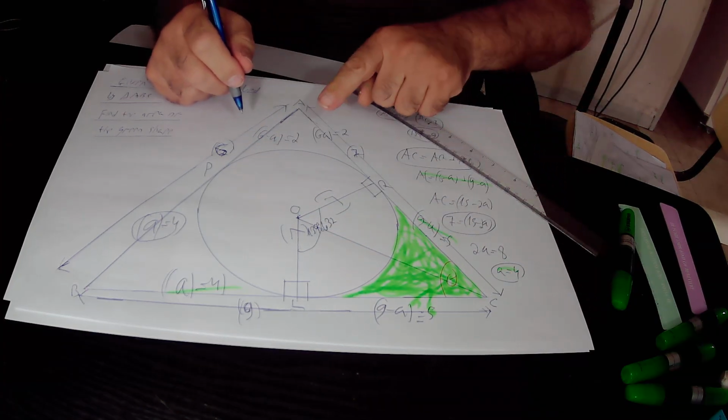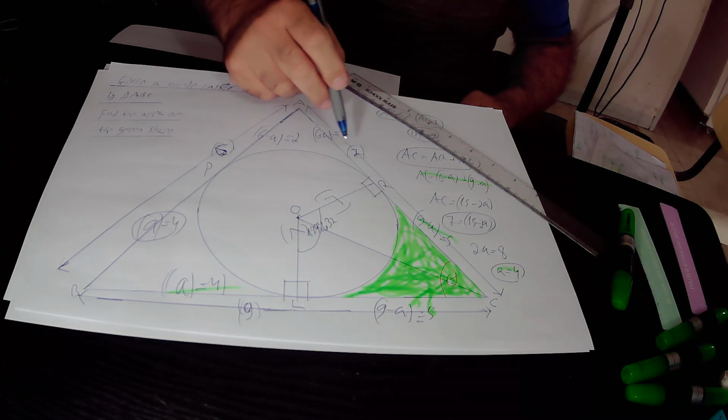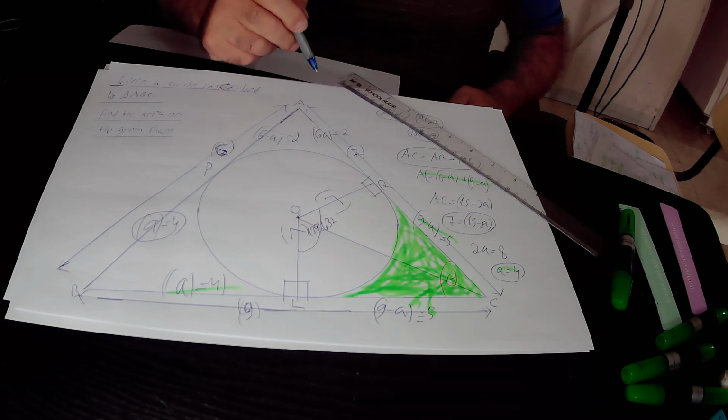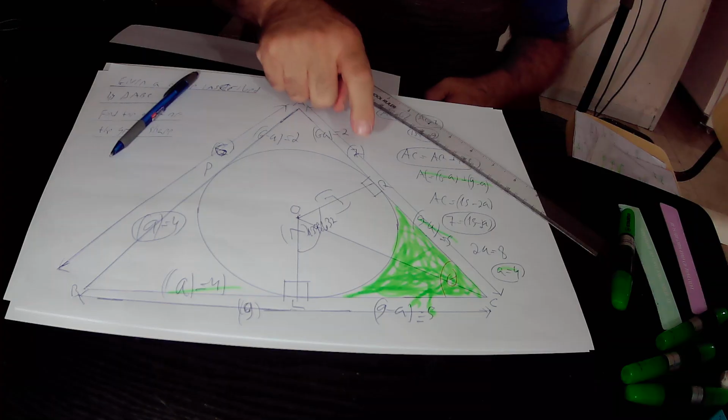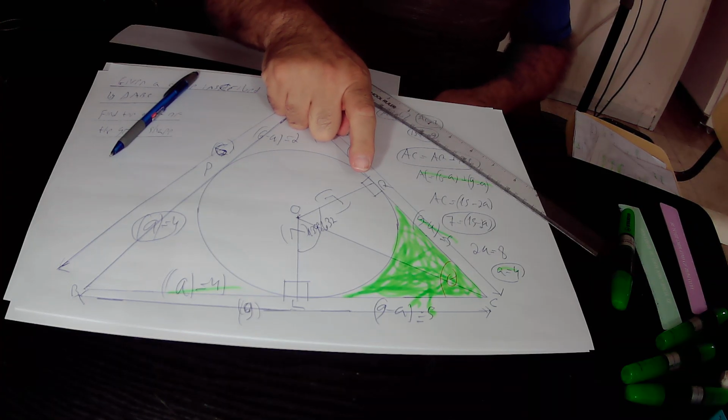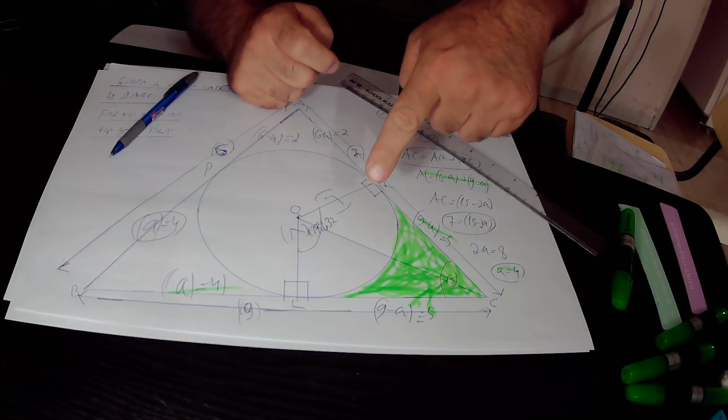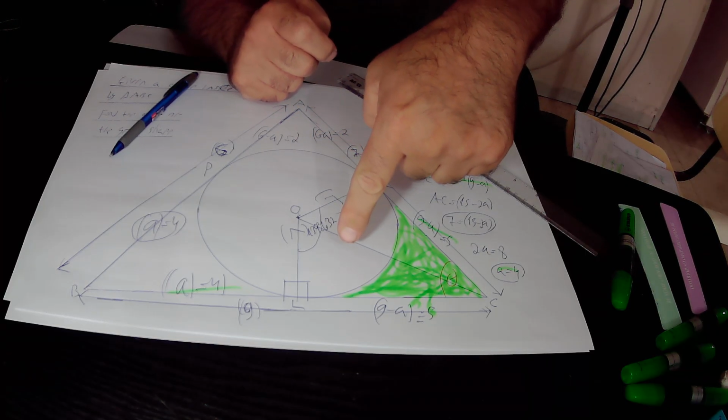By joining points O and C, we divided quadrilateral QOLC into two parts. The first part is the right triangle OQC, and the second part is this right triangle OLC.